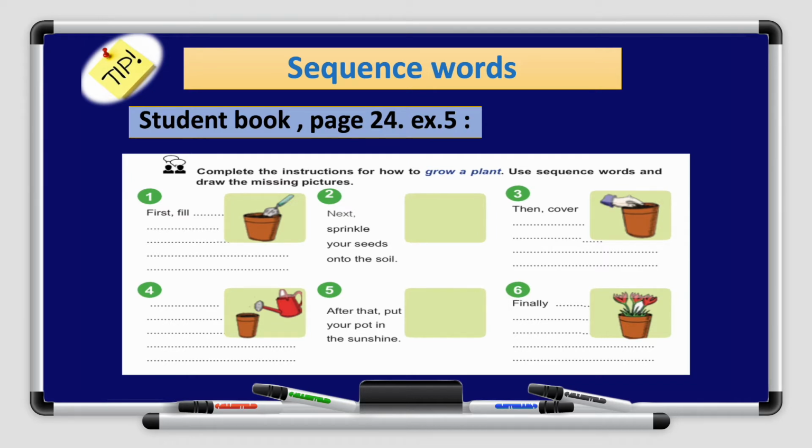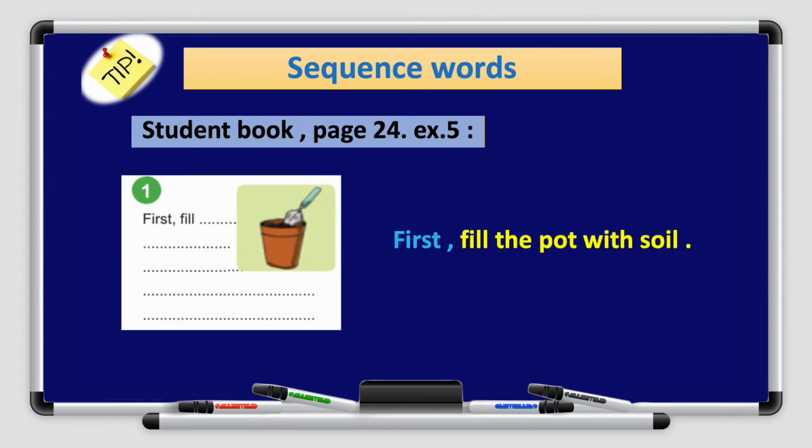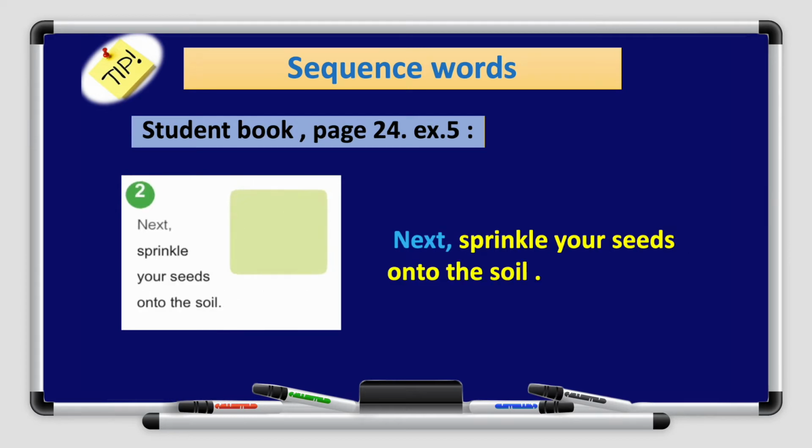Let's check your answers. Number 1, look at the picture. What is the first step? Excellent. First, fill the pot with soil. Number 2, next, sprinkle your seeds into the soil. Don't forget to draw this step.